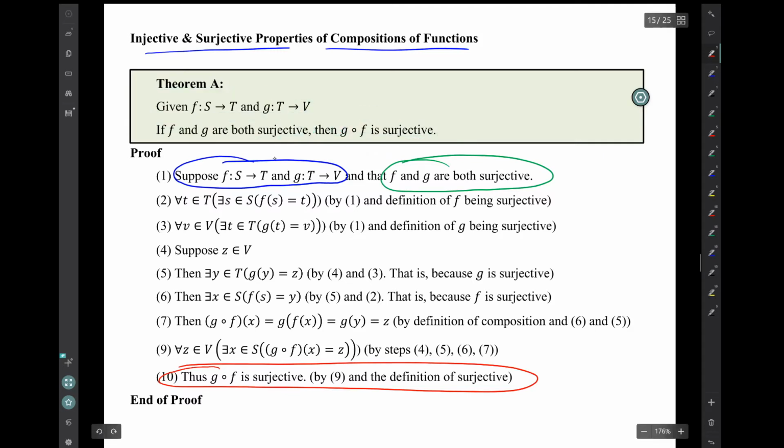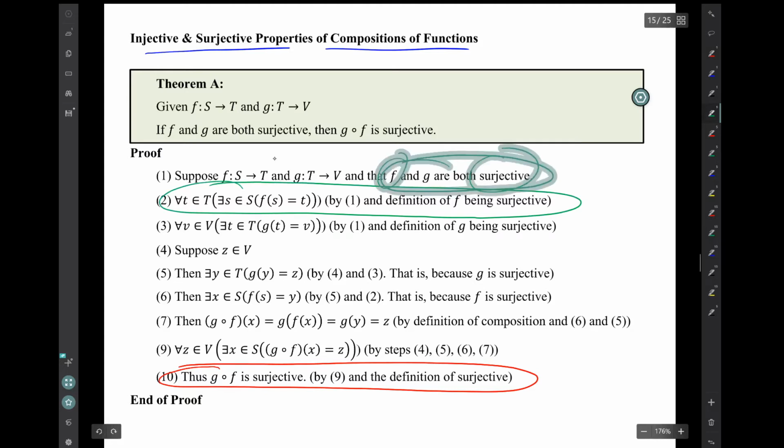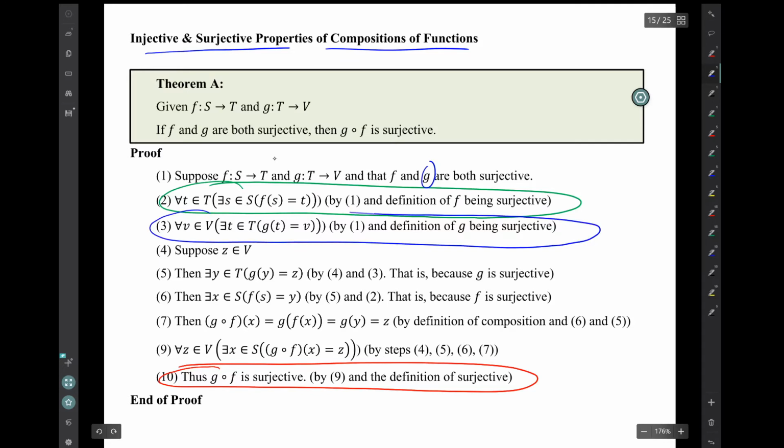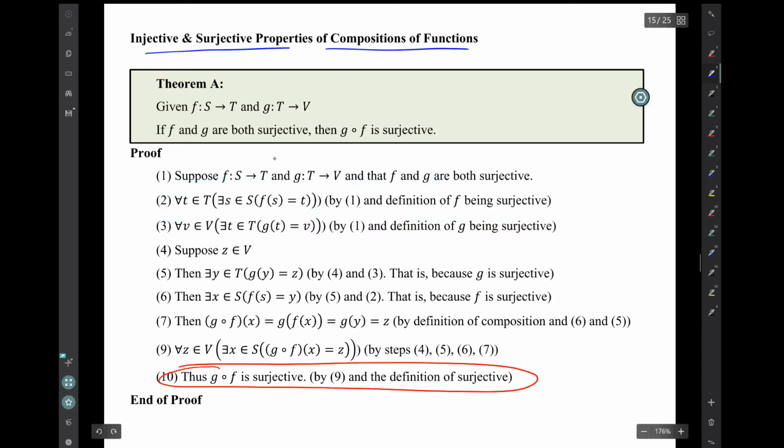Now we do our usual thing. We unpack definitions. The fact that f is surjective, we have to unpack. That means this expression. And the fact that g is surjective, we have to unpack that definition. And look at the end of the proof. We want to say that g composed with f is surjective.